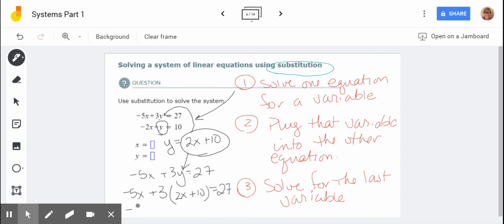That's why we call it substitution. So we distribute 6x plus 30 equals 27. Okay, can you guys see that we're going to get x? This is going to be x plus 30 equals 27. And then we're going to get x is equal to negative 3.